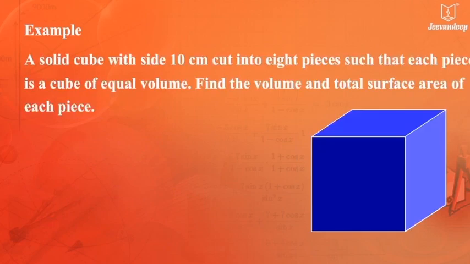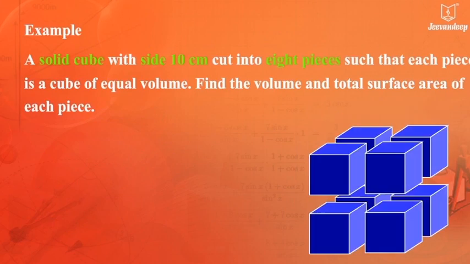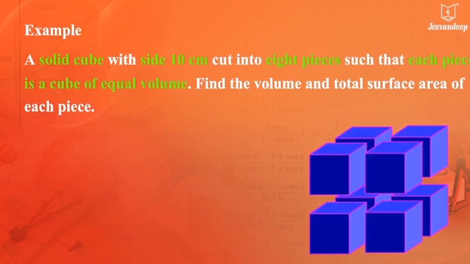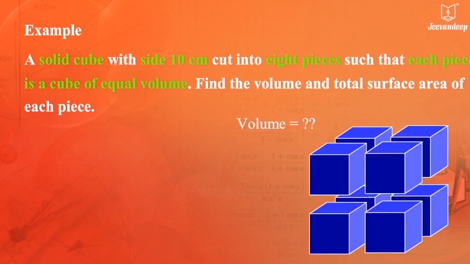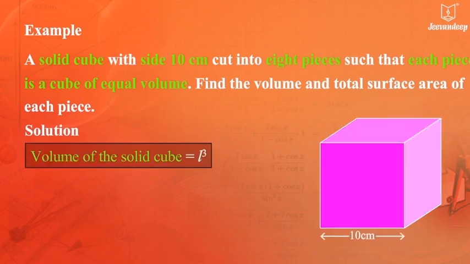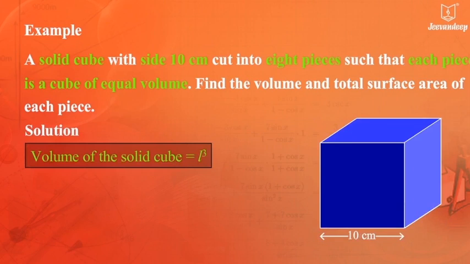Example. A solid cube with side 10 centimeters is cut into 8 pieces such that each piece is a cube of equal volume. Find the volume and total surface area of each piece. Solution. Volume of the solid cube is equal to L cube, which is 10 multiplied by 10 multiplied by 10, equal to 1000 centimeter cube.